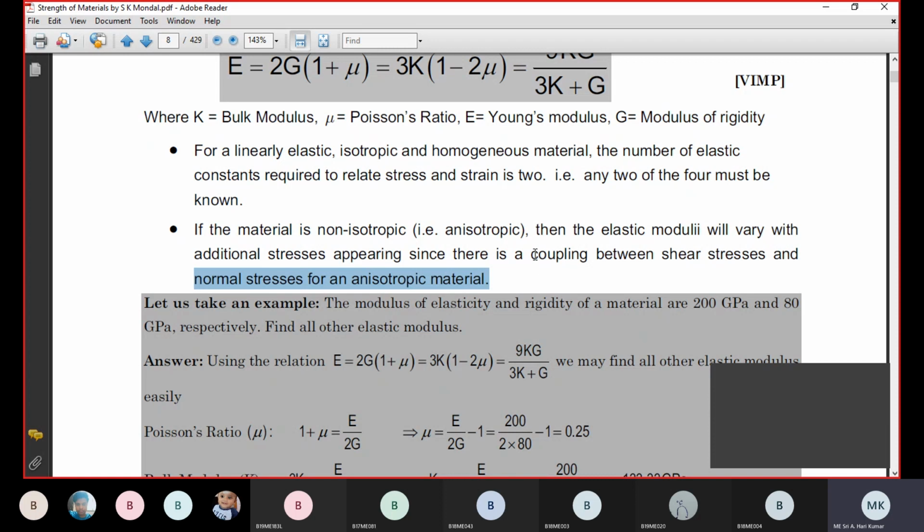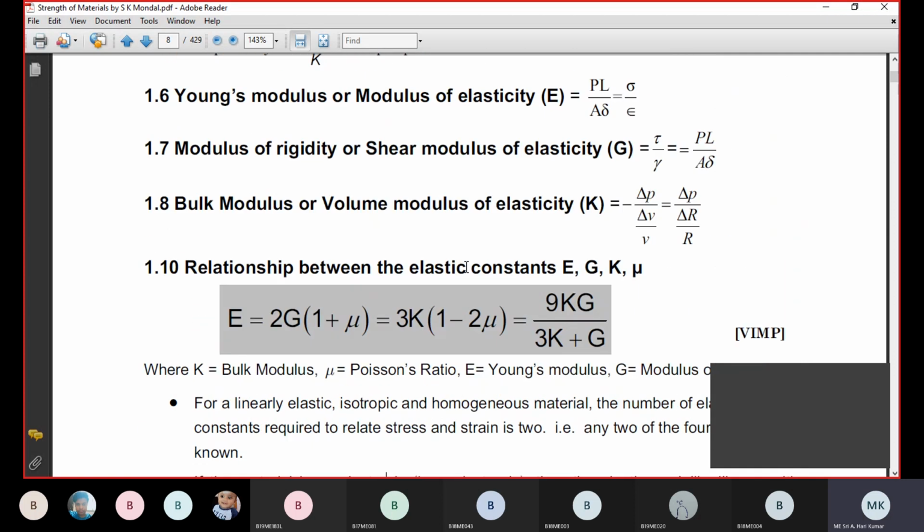Yeah, this is out of our reach as of now. We are only concerned with isotropic materials, but if we have to read about non-isotropic, the elastic constants will vary with additional stresses appearing. So whatever formula we take here, delta epsilon by E, we may not have the same formula.